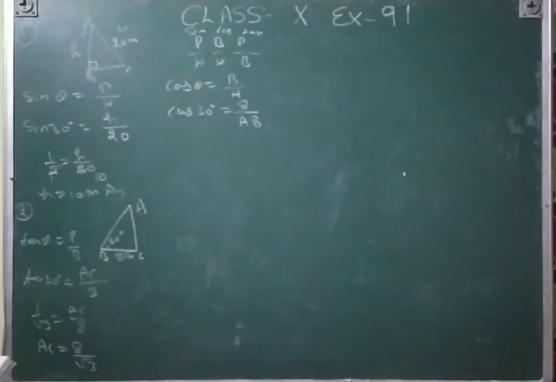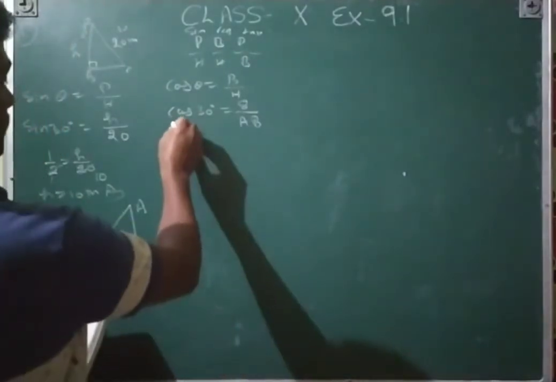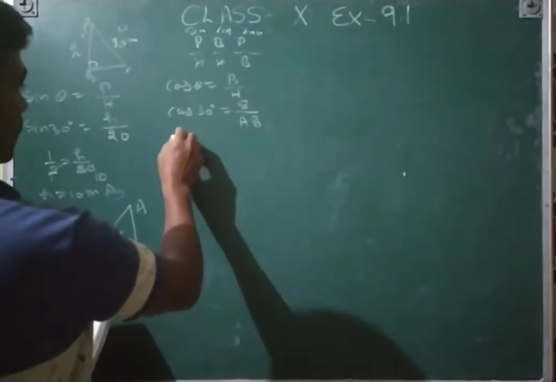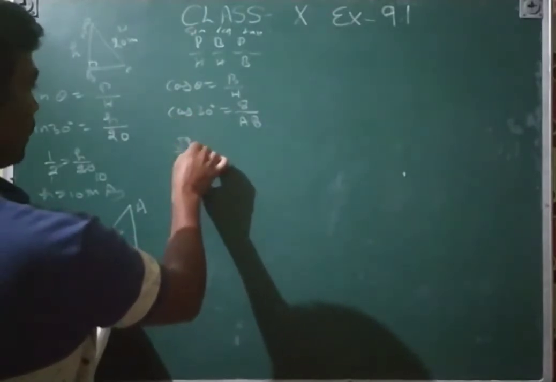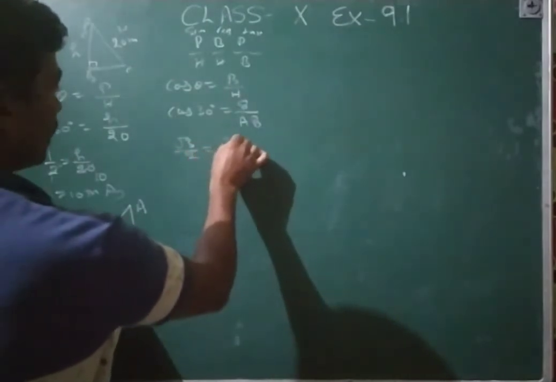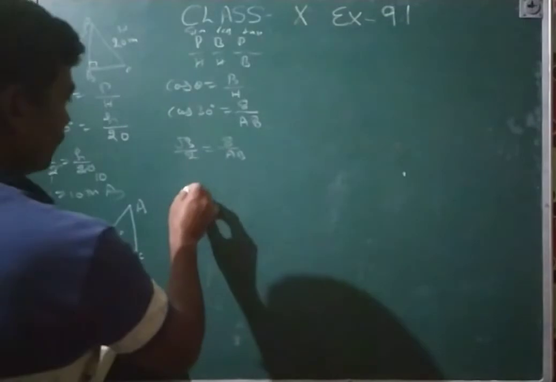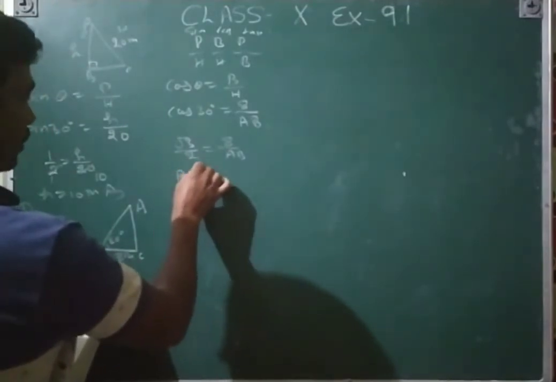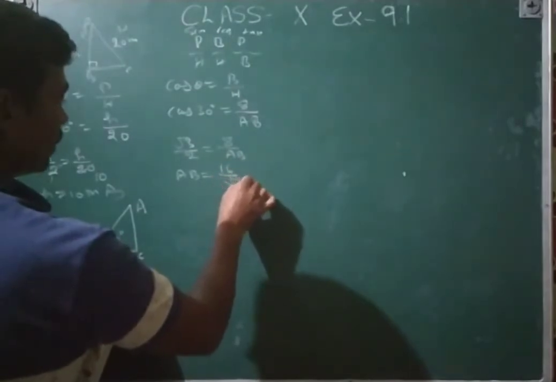The cos 30 value is root 3 upon 2, equal to 8 upon AB. So AB is equal to 16 upon root 3.